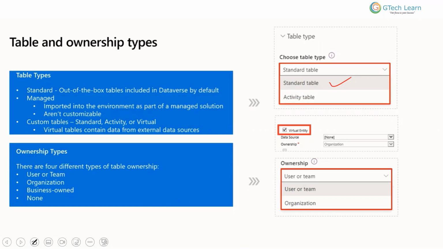But when we want to store the activities we are doing, in that situation we need to select the activity table. So let's suppose I'm creating a leads table, and after having that leads table, I want a table where I can store the phone call records that I make to my customers.